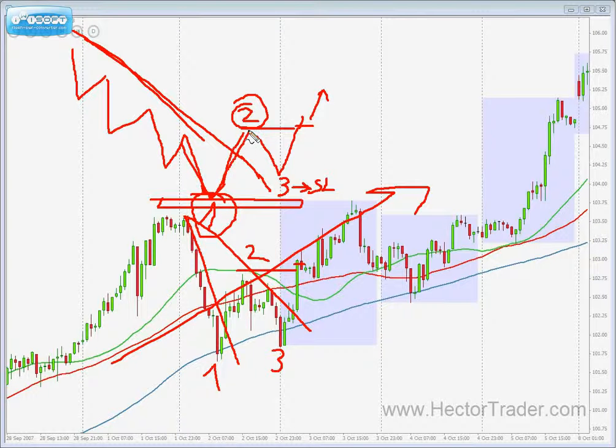Okay. From there, like I say, the bears unleash another attack, but the trend line is already broken.